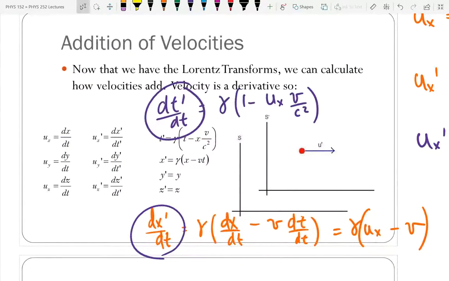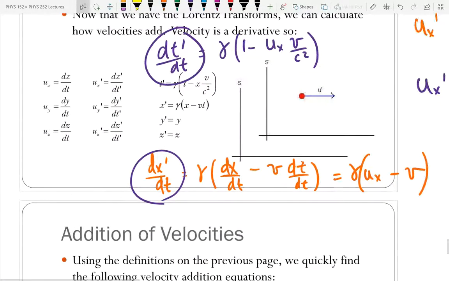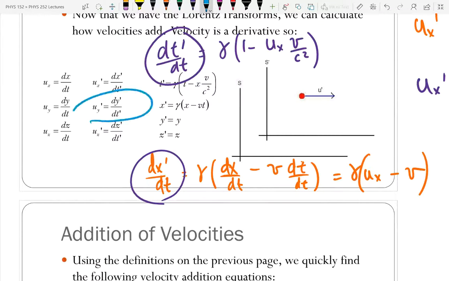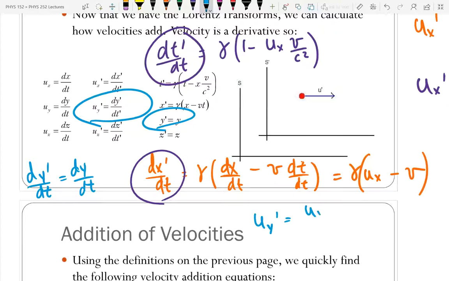For the last trick, and it is a quick trick, what about finding this value? Well, all I have to do there is dy prime/dt is equal to dy/dt, because y prime equals y, right there. And so that means uy prime is equal to uy over the same denominator.